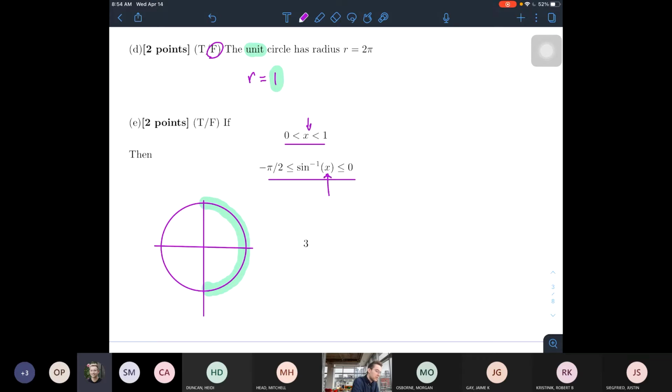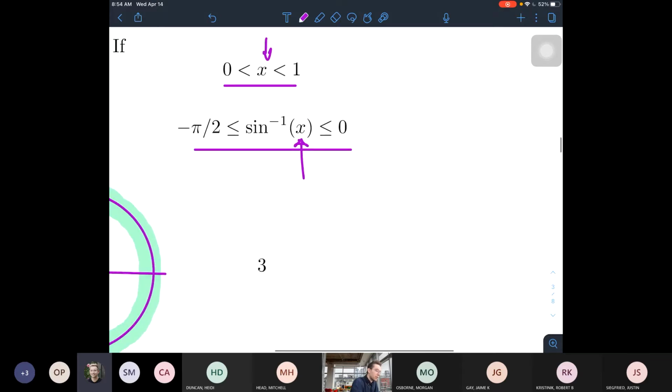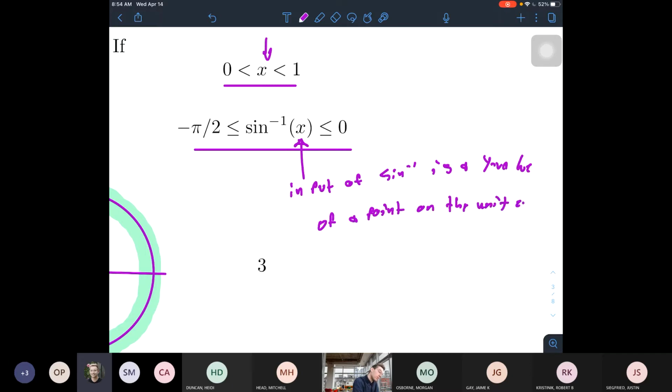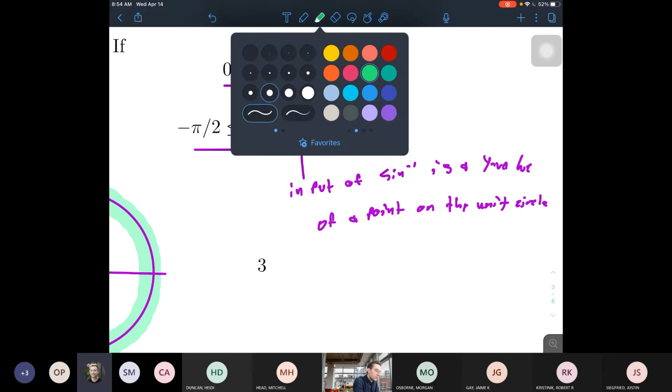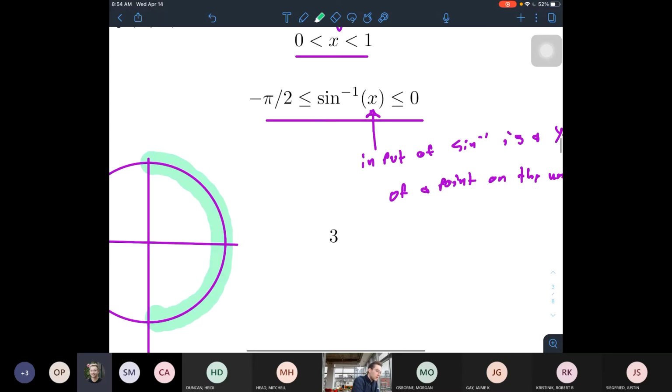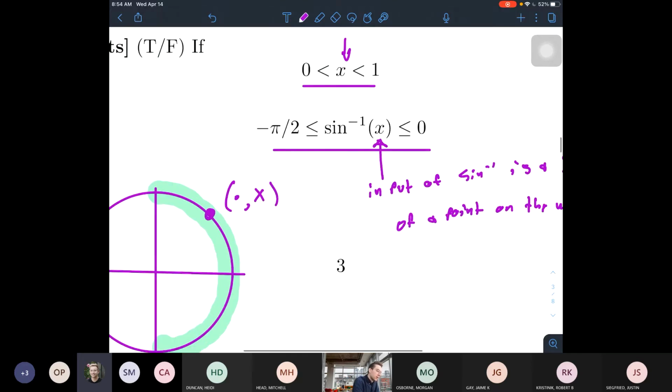x is the input of the sine inverse function. The input of the sine inverse function is a y value of a point on the unit circle. So x being between 0 and 1 is telling us that our point has the form something comma x, where x is a positive number.